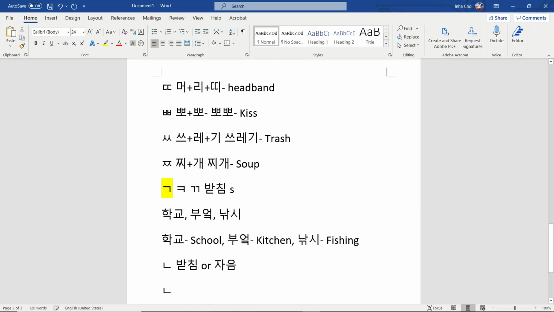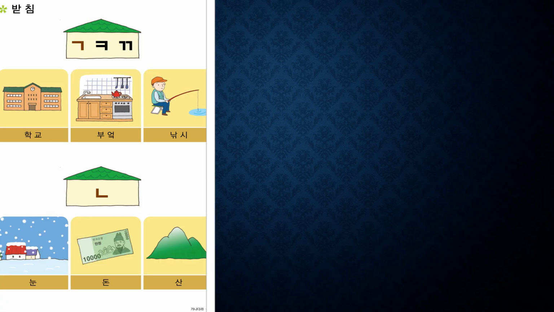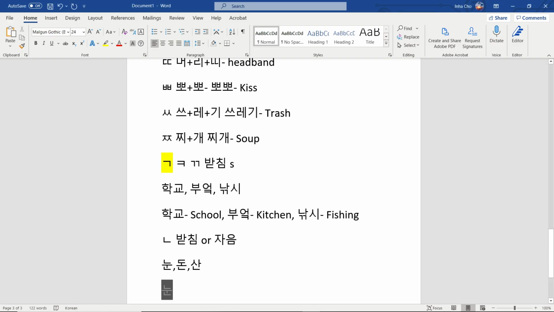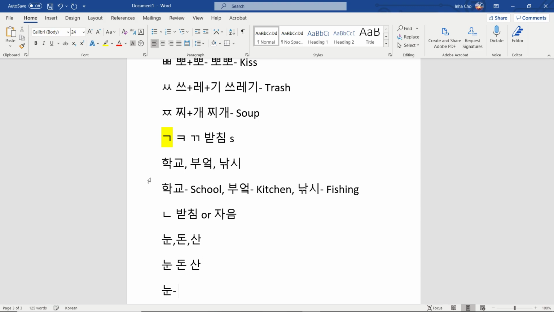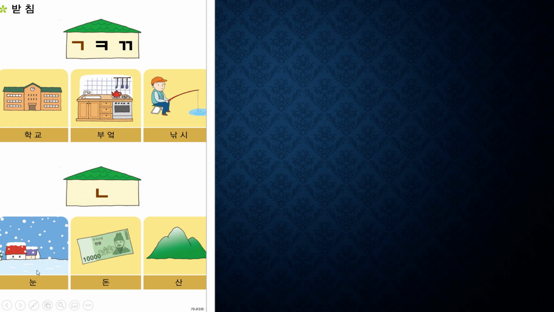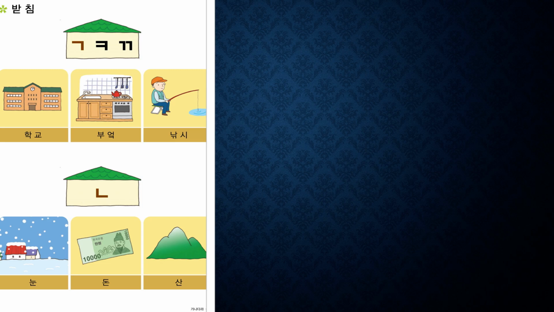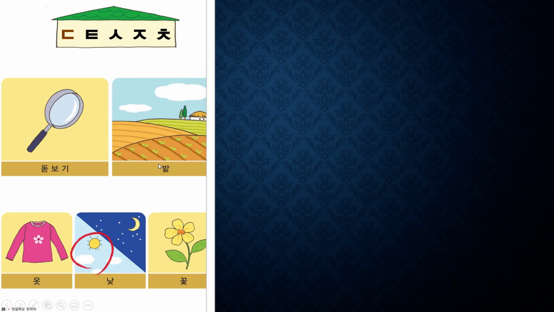So we have 눈, 돈, 산. 눈 means here snow. 돈 means money. And then finally 산 means mountain. 눈, 눈, 돈, 산.